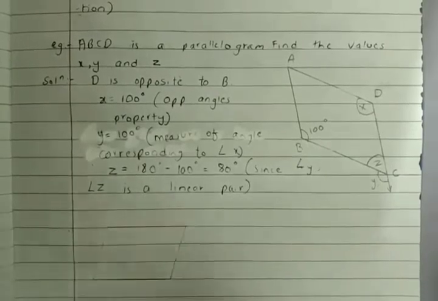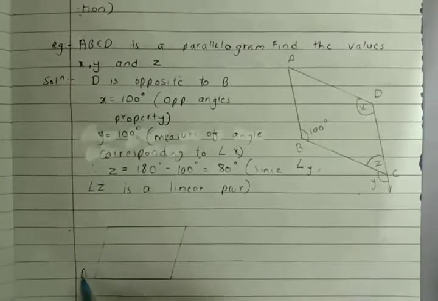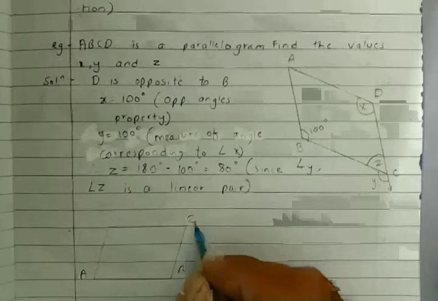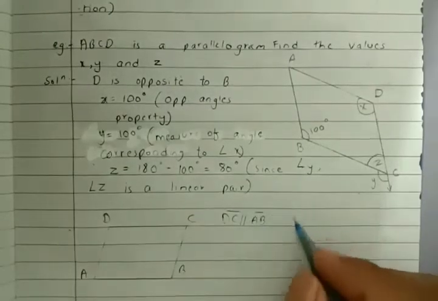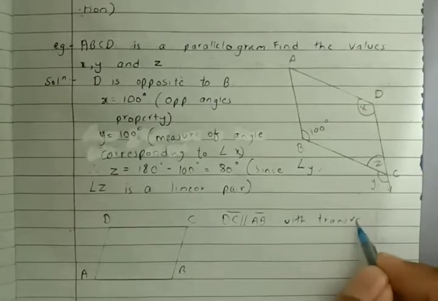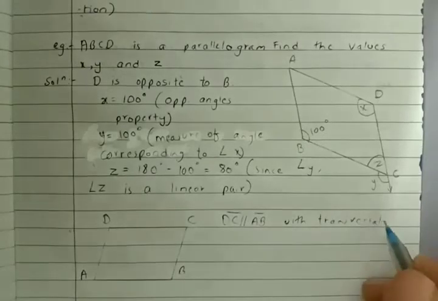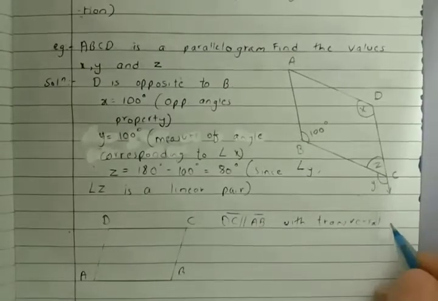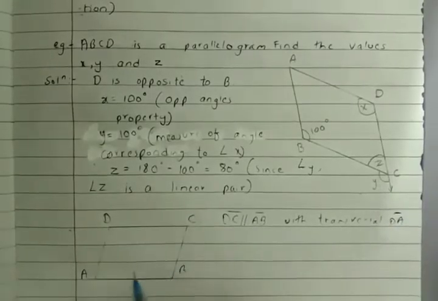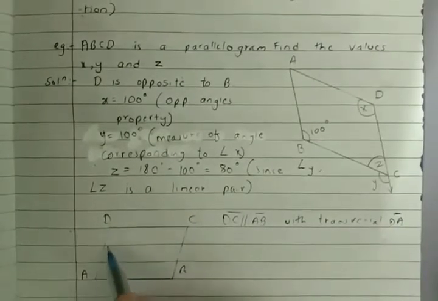The parallelogram given is ABCD. AD parallel to BC with transversal DA. These both lines are parallel and this is the transversal. Understood?